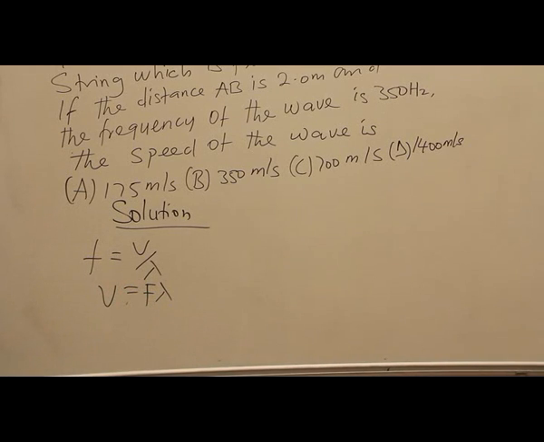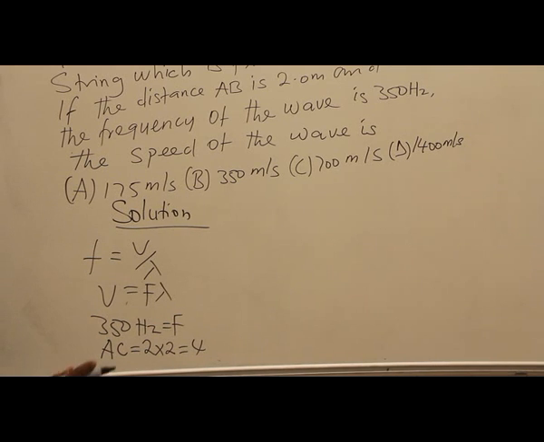F is given in the question as 350 hertz. And lambda is given in the question as 2 meters from A to B. Therefore, AC will be 2 times 2, which is 4.